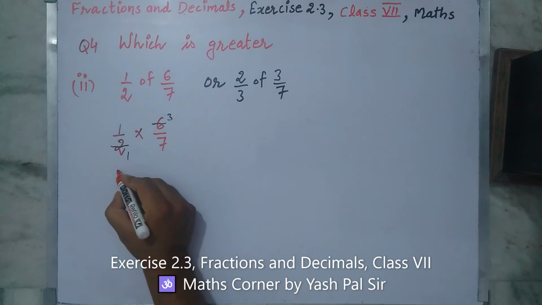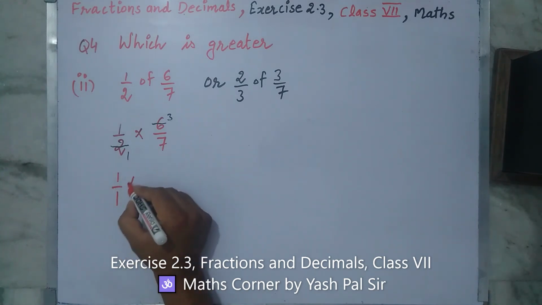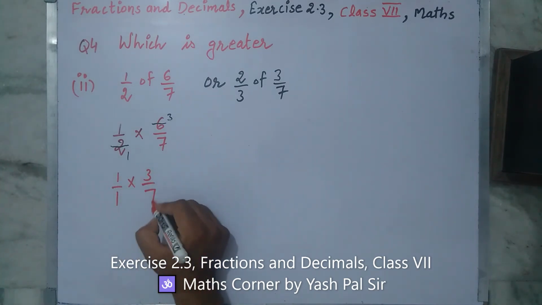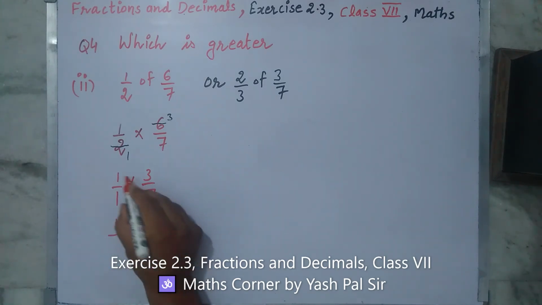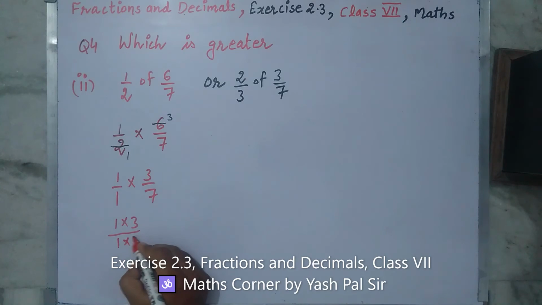So we write this as 1 upon 1 into 3 upon 7. This means 1 into 3, 1 into 7. So the answer is 3 upon 7.